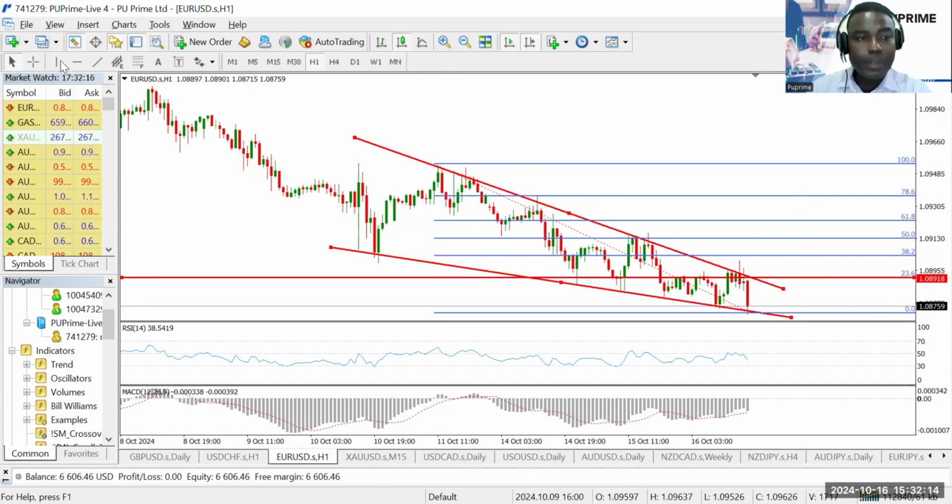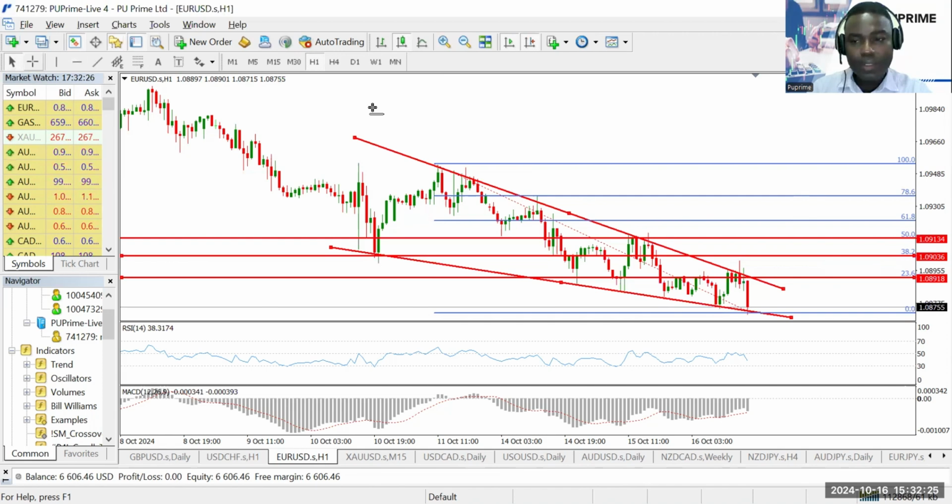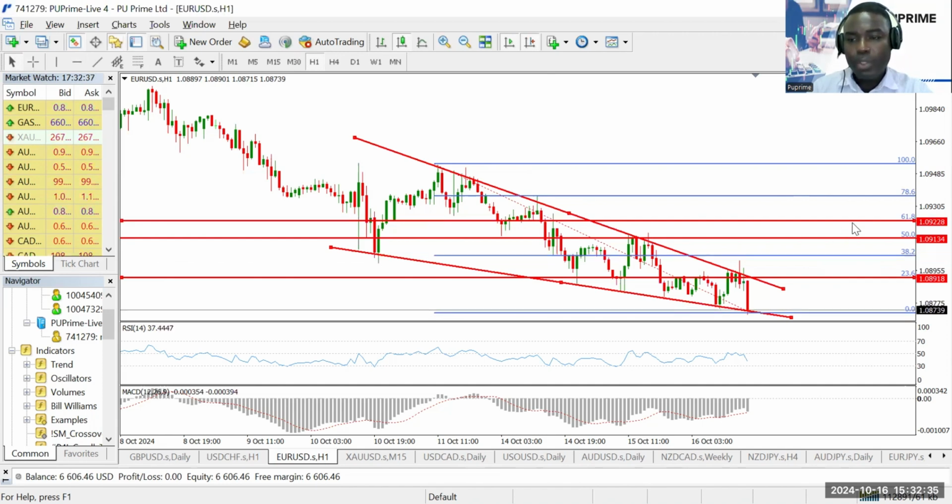And you can set your take profit on any of the Fibonacci levels, 38.2, Fibonacci 50, or Fibonacci 61.8. But setting on all three means you'll be taking three trades. Sometimes that may not be too healthy for your account. So let's remove the 38.2. Usually you can make use of Fibonacci 50 and 61.8 as your take profit levels.